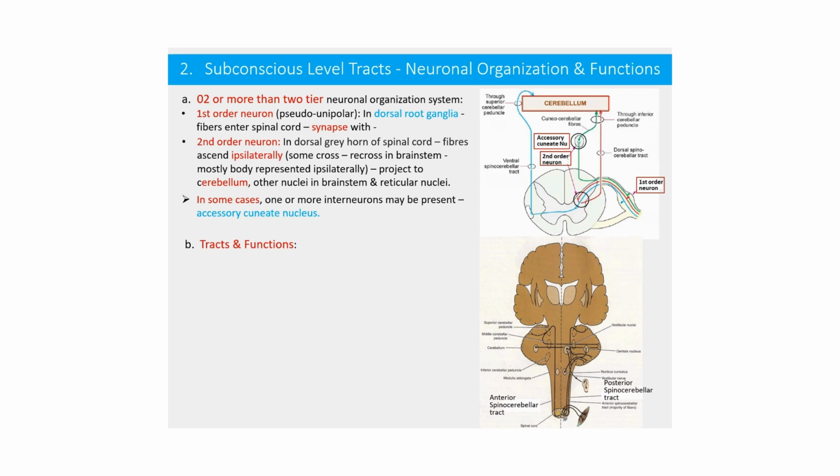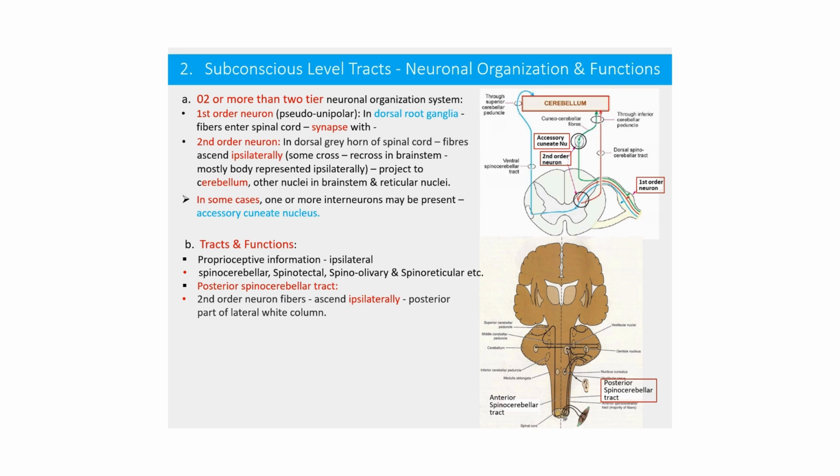The tracts and their functions of the subconscious level tracts. These tracts convey ipsilateral proprioceptive information and comprise spinocerebellar, spinotectal, spinoolivary, and spinoreticular tracts, etc. We will confine ourselves to the spinocerebellar system only, which comprises two parts, the posterior spinocerebellar tract.